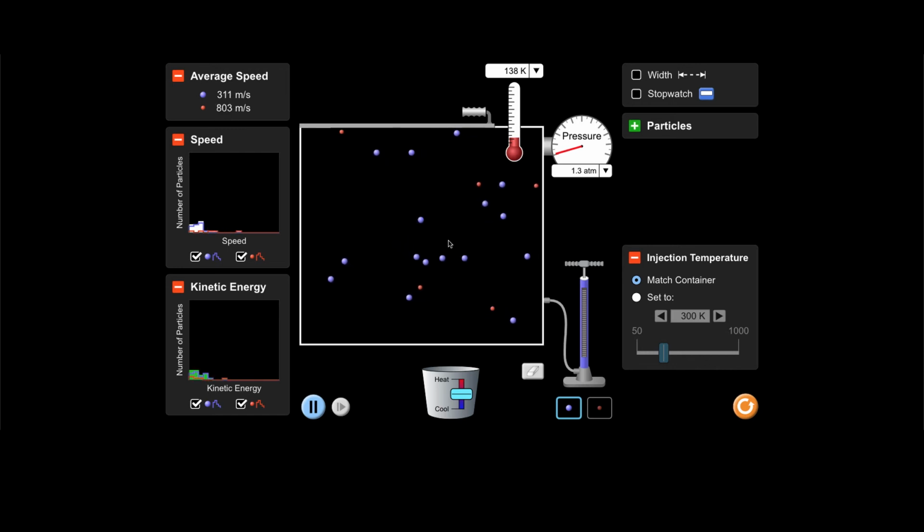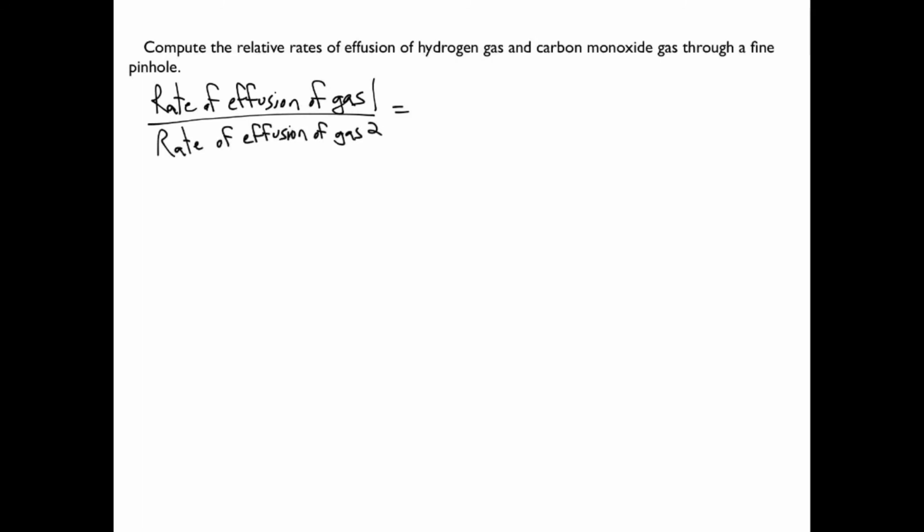So let's put some numbers to this. We're interested in comparing the rate of effusion of a pair of different gases. So what that really is, is a relative rate, or a ratio. So if I think about the rate of effusion of gas 1 relative to the rate of effusion of gas 2, that should be related to the relative root mean square velocity of those gases.